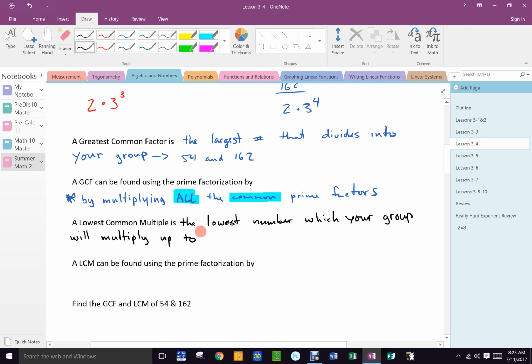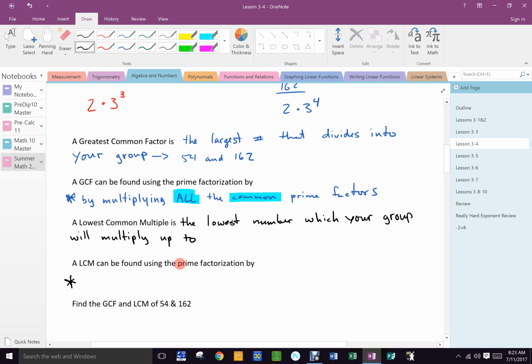This is the problem. Kids screw this up because your greatest common factor is smaller than your numbers, but your lowest common multiple is greater than your numbers. So it messes kids up. And this one is a little tricky.